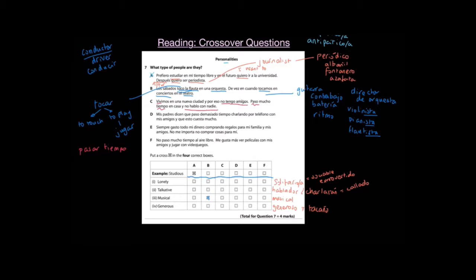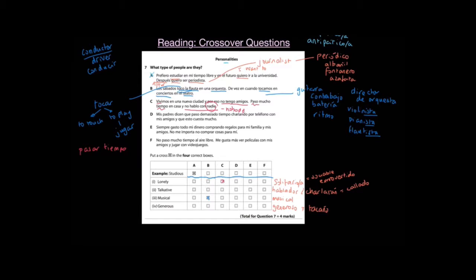So no tengo amigos, I haven't got friends, plus no hablo con nadie, I don't talk to anyone. And remember, this nadie actually means nobody. So this literally means I don't talk to nobody. That's how we say it in Spanish. It's going to be someone who is lonely. So this is C, lonely. So no real problems there.